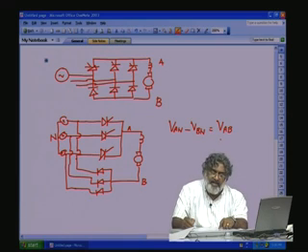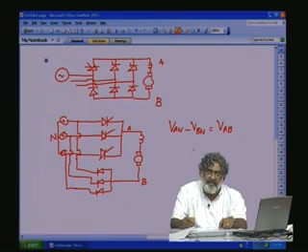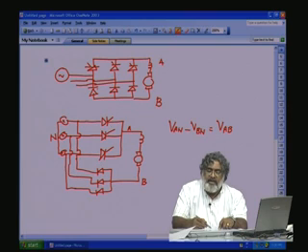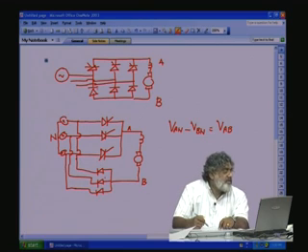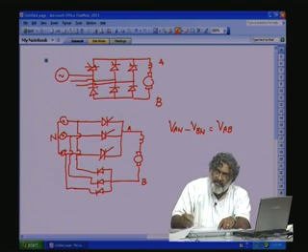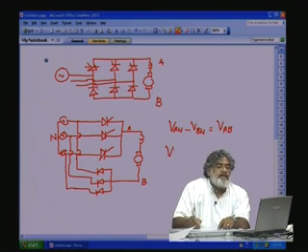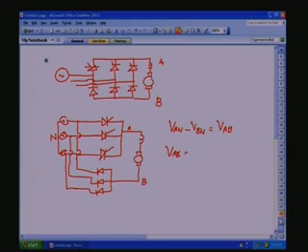So, we can consider these two independently and find out what the ripple is. Independently means the top thyristors with the firing angle alpha, the bottom diodes with firing angle alpha equal to 0. So, for the net voltage VAB, we know VAN will be equal to 1.17 ERMS into cos alpha.